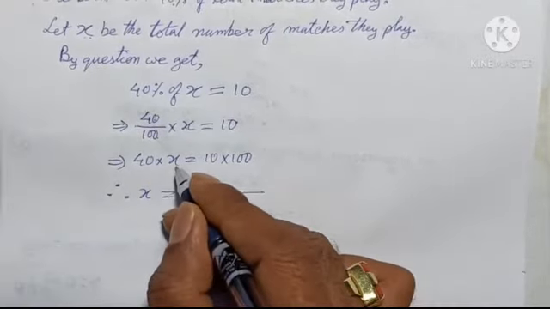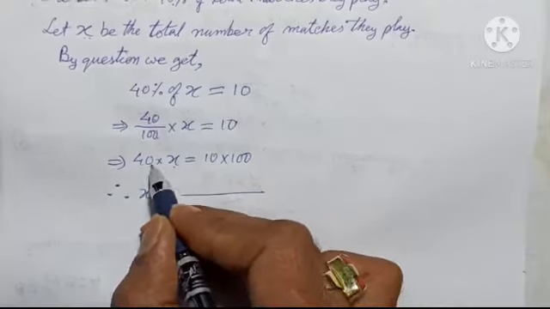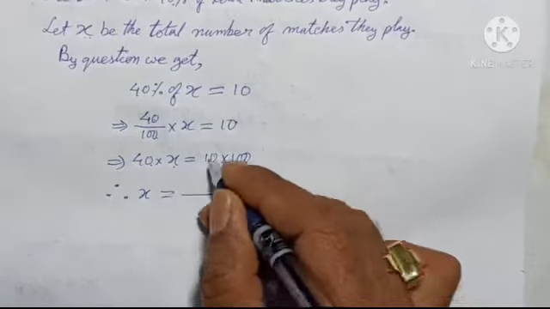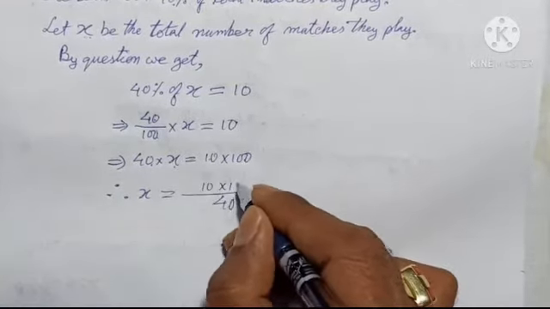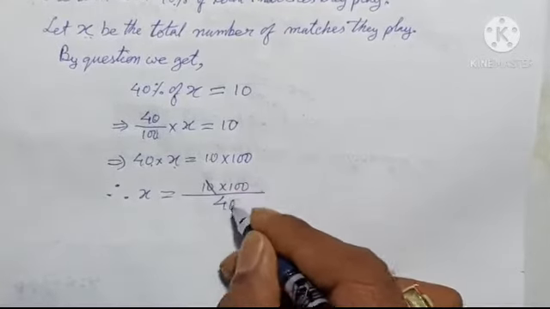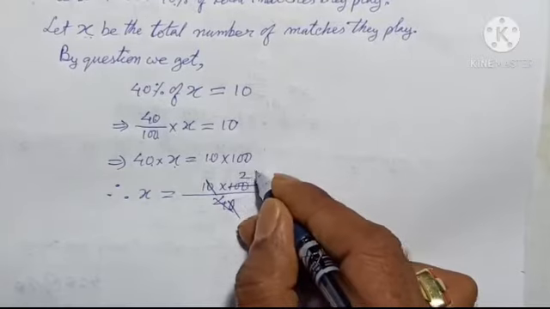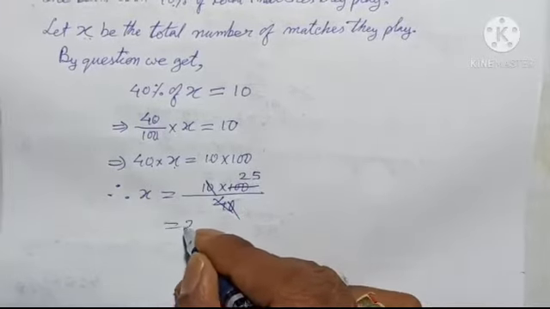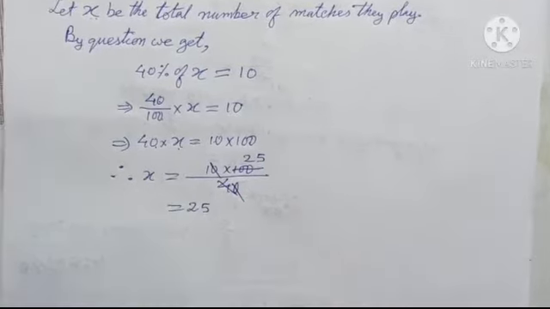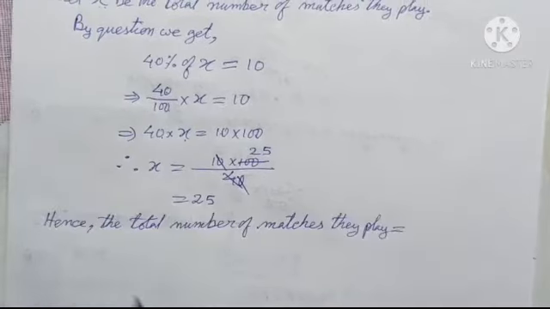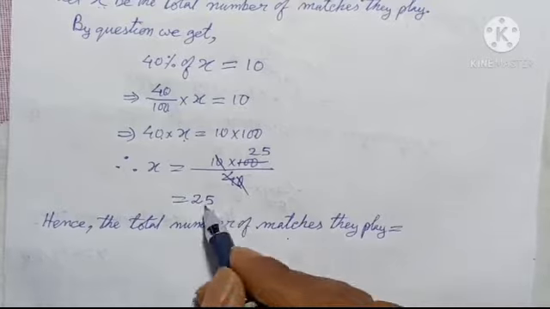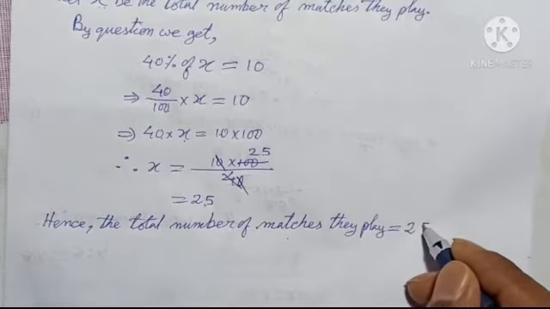If we want to find out x, then this 40 will divide these two numbers. 0 and 0 are cancelled. If 4 divides 100, we are getting 25. So 25 is the answer. Hence, the total number of matches they play is 25, and this is the answer.